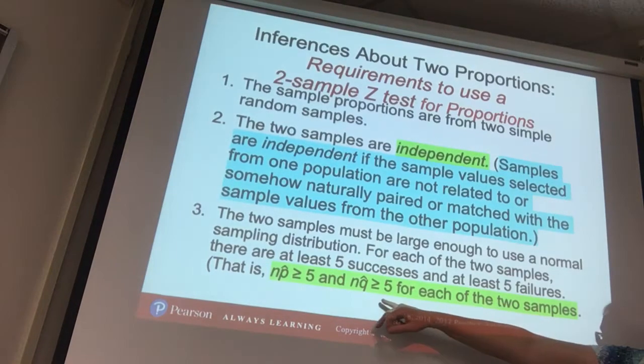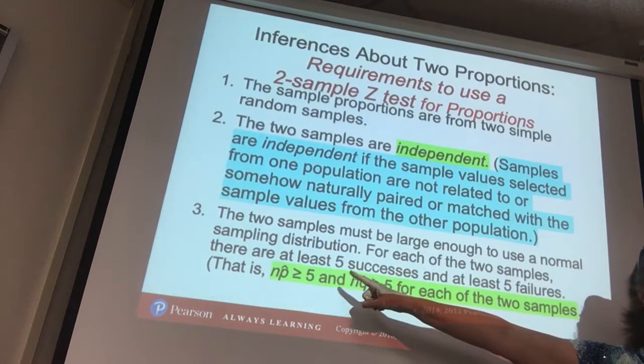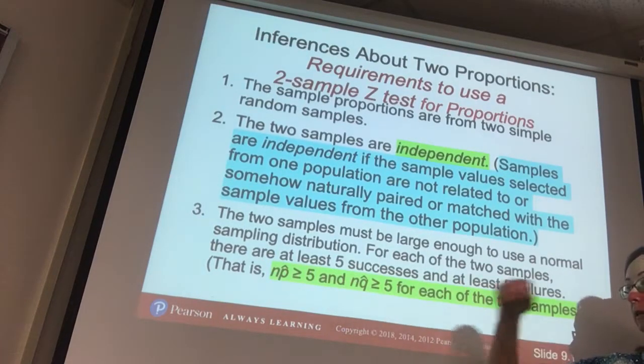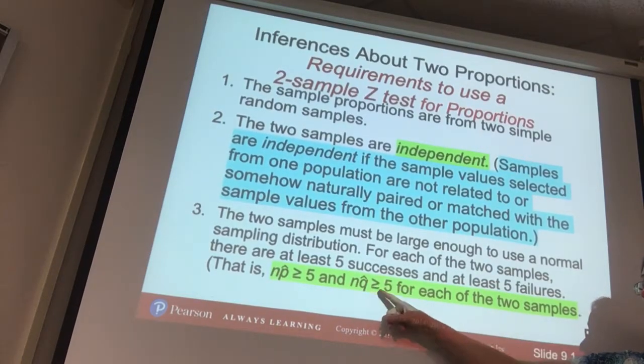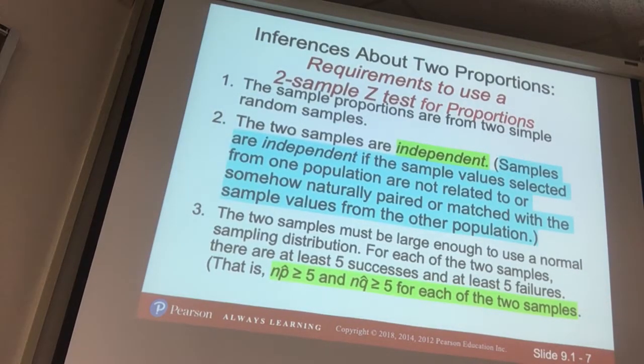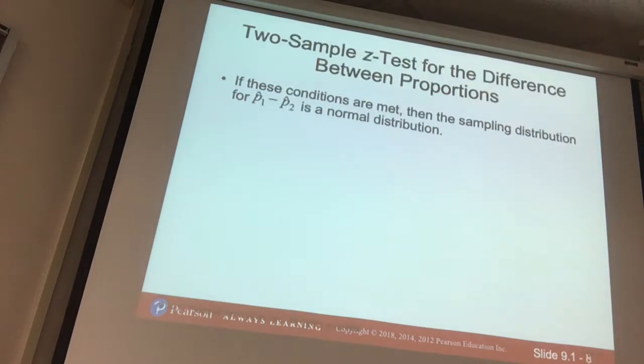So our key was that the sample size times the p-hat is going to be greater than or equal to 5, and the sample size times the q-hat is going to be greater than or equal to 5. We'll see some examples of how we do those. It says for each of the 2 samples, so you've got 2 different samples you've got to do that test on.